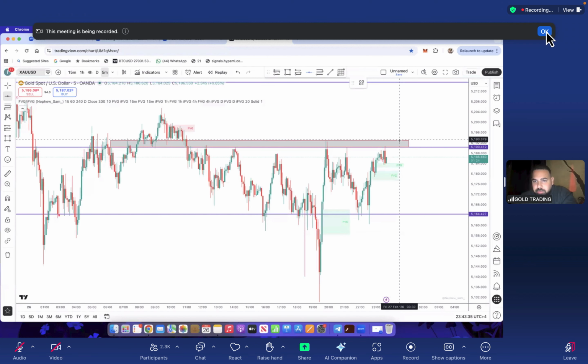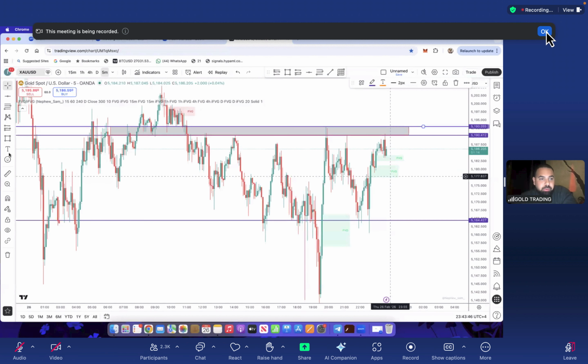Okay, so it's 93. So I'd like to see that this is going to be our sell zone, which I'll just write here for you guys. Sell zone. Okay, so this is how it typically gets done, right? So anywhere from here should be a sell zone.